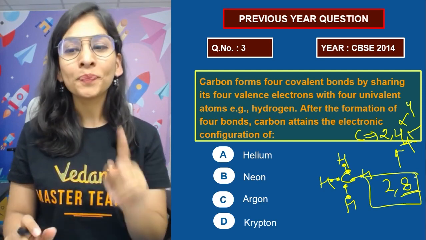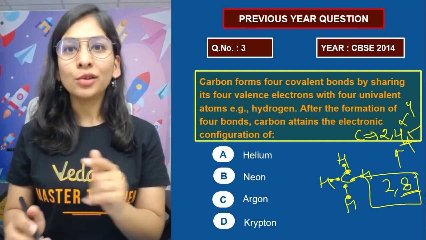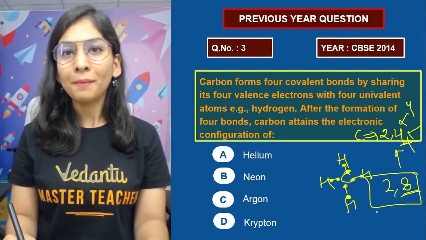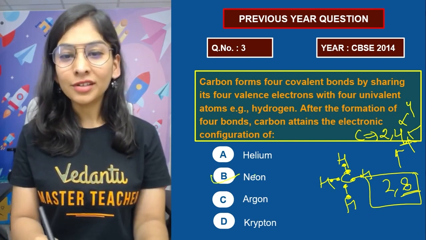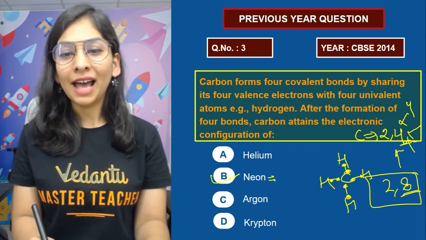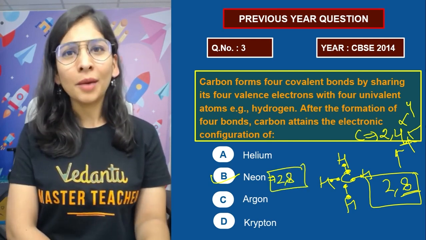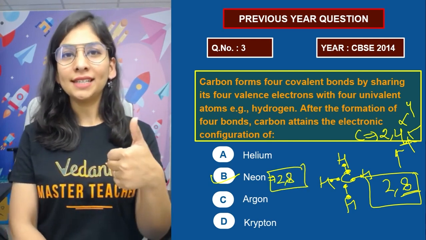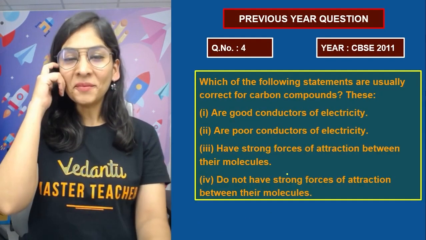Please do let me know. 2, 8, that's what it will get. And you know that this is the configuration of none other than neon. Neon has atomic number 10 and a configuration of 2, 8. So that's definitely option number B. Did you get it? Yes? Wonderful. So B is the right answer.